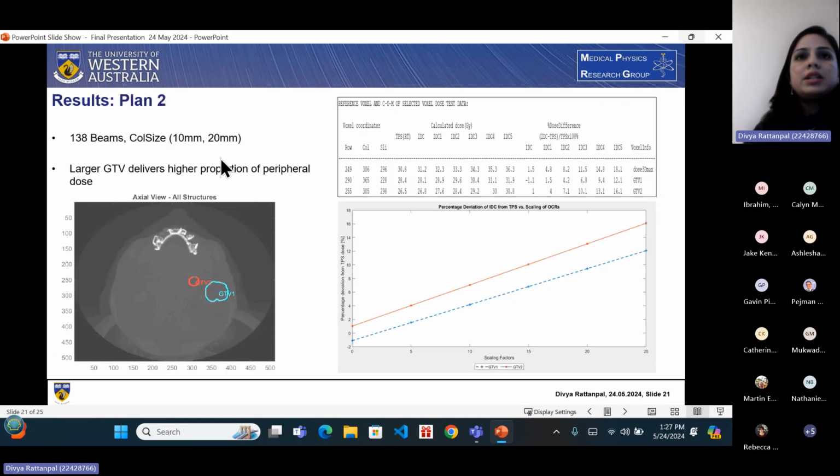Another plan is where the collimator size of one target is almost double the other target. GTV1 being bigger in size as compared to GTV2 delivers a higher proportion of peripheral dose, so it resulted in more deviation to GTV2 than GTV1.